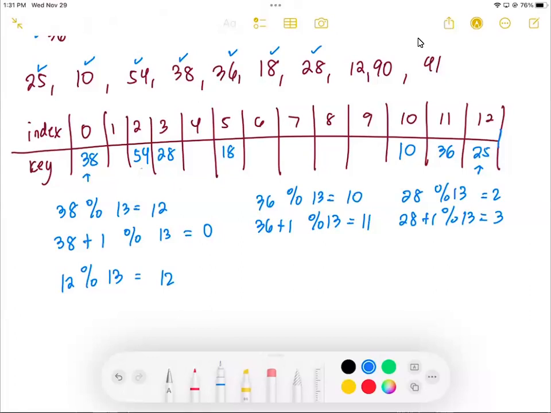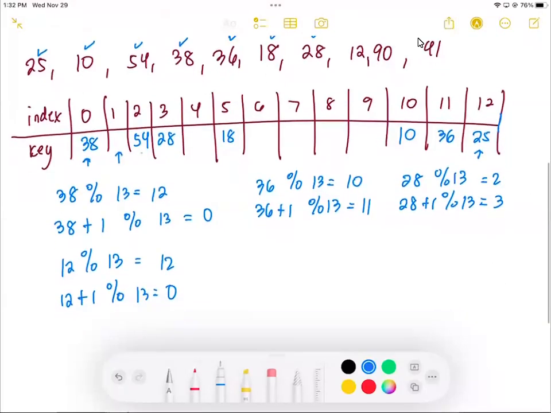We did that by adding 1 to 12. 12 plus 1 modulo 13 is equal to 0. But the 0th bucket is also occupied by another key, which is 38. So we are going to probe again and look at the next bucket, which is 1. Since it is empty, we are going to add 12 in there.